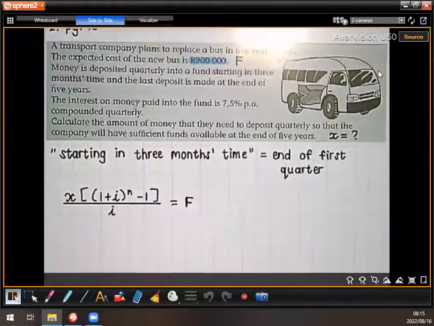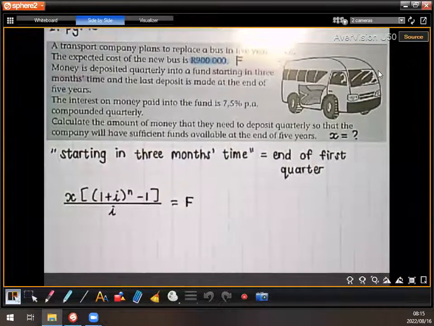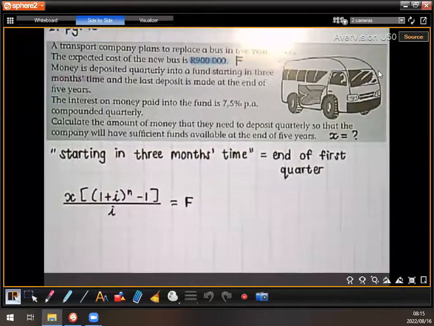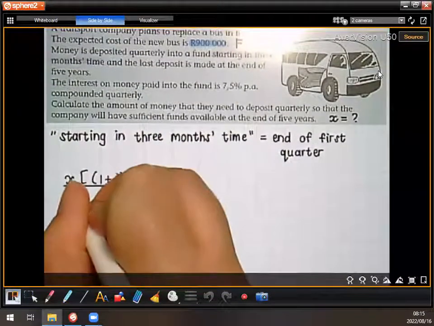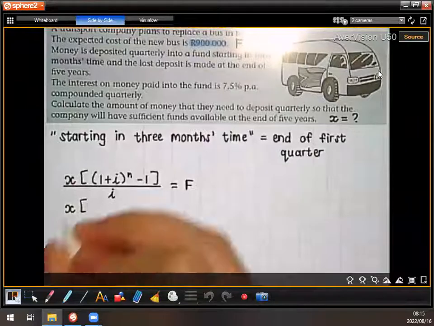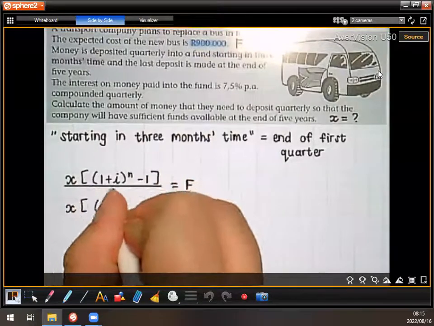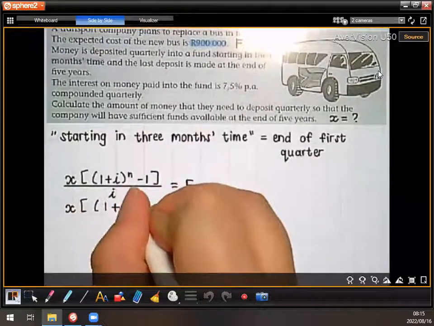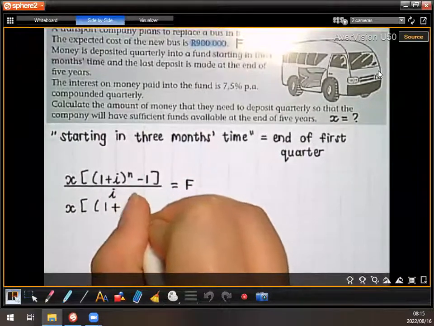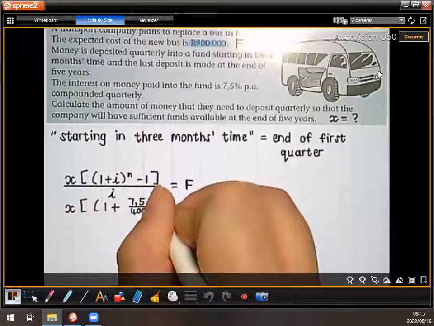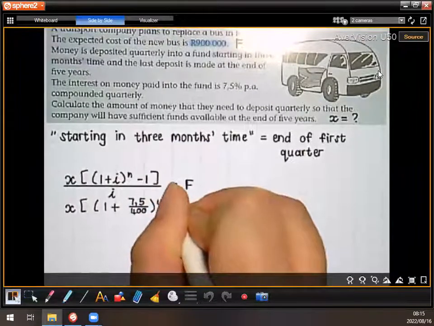Guys, do we agree that this is an investment that they're making, right? They're depositing money into an account every 3 months. Now we're going to just sub all of our information in. X is the one that we need to find, so we're going to leave that as X. We're going to say 1 plus the interest, which is now 7.5 over 400 because it's quarterly, to the power of 4 times a year for 5 years.